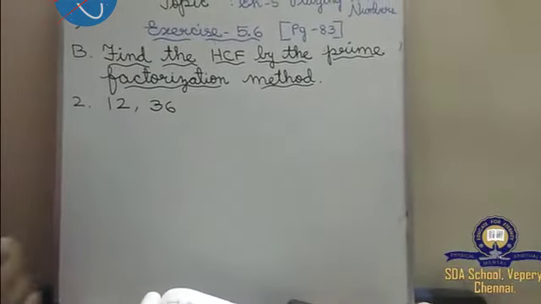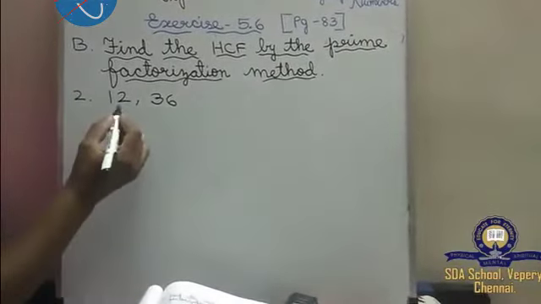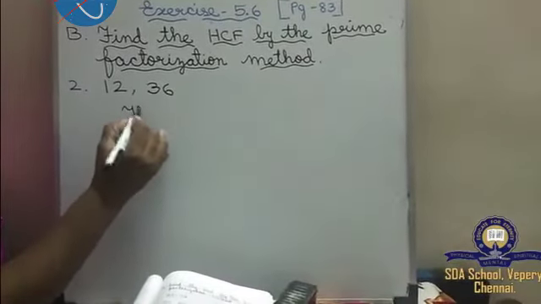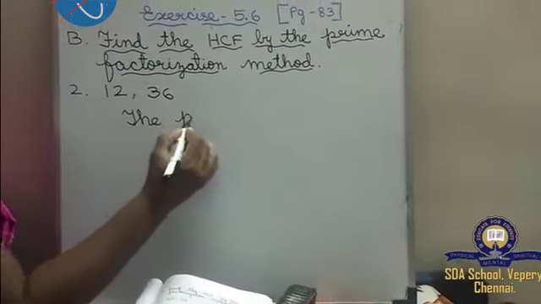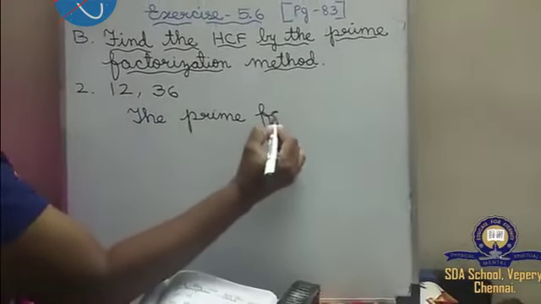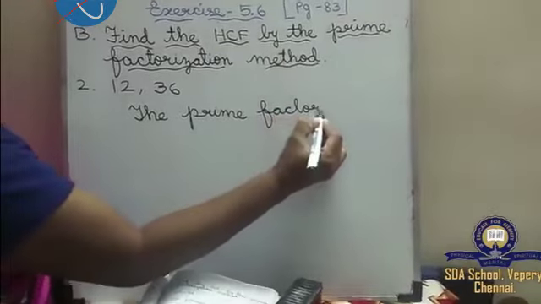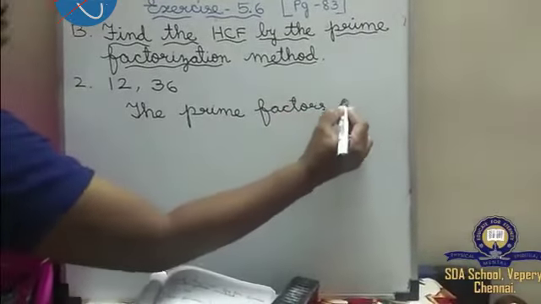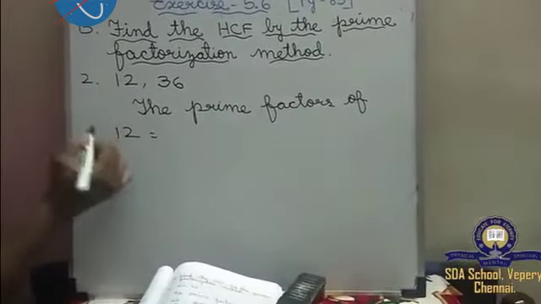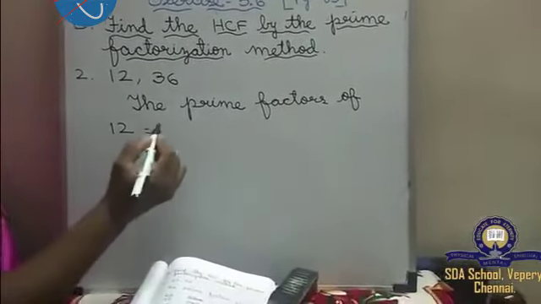Okay, children, we will see the second sum, 12 and 36. So what we have to do? We have to find the prime factors of 12. What prime numbers do we use for 12, children?